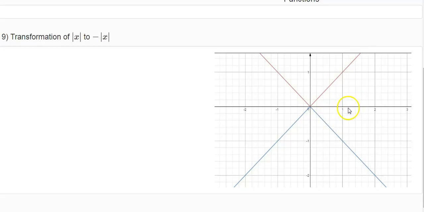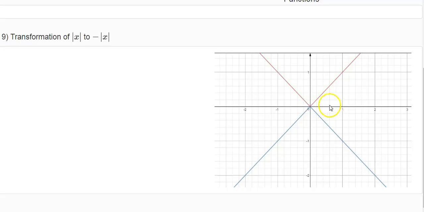Now here the point to remember is that when we transform the graph of f(x) to minus f(x), then it is the mirror image along the x-axis, and when we transform the graph of f(x) to f(minus x), which we will discuss with another example, then it would be the mirror image along the y-axis.